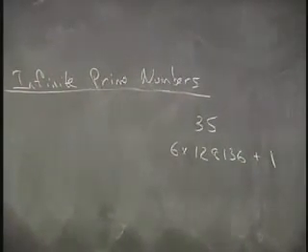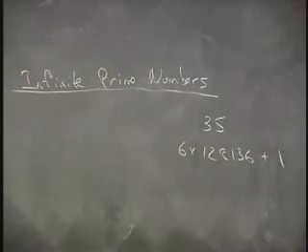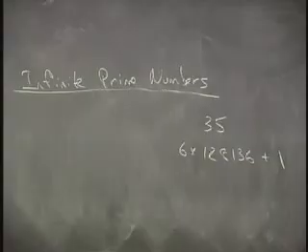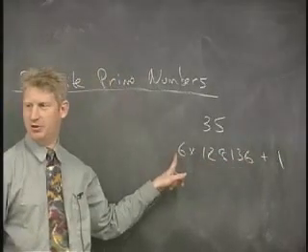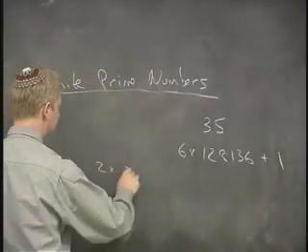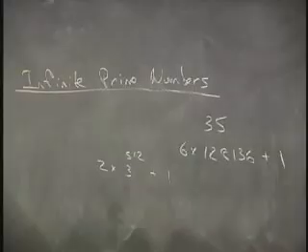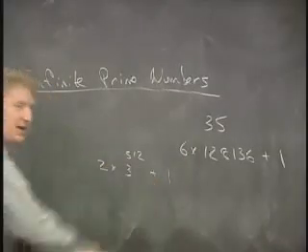Who knows if it's divisible by 2? It's not. Why is it not? Because this part's divisible by 2, and there's 1 left over. 2 times 3 to the 512 plus 1. No, it's not even, because this part's even and you're adding 1.